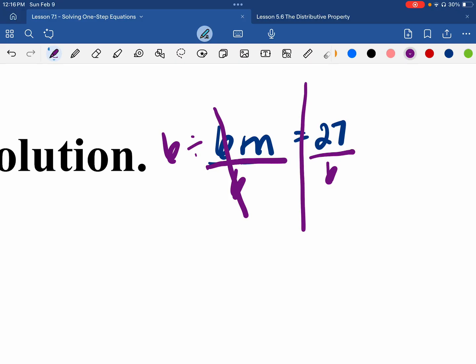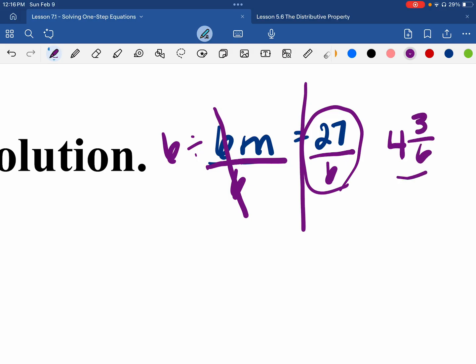I can't harp on this enough. If you want to leave it as an improper fraction like this, 100% acceptable. 27/6 can be your answer. If not, and you want to figure out how many 6s are inside that 27, there are 4 6s in there, and then we will have 3 left over.